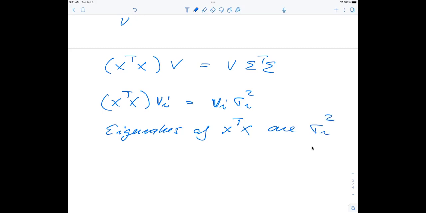In this case, since we are only looking at the non-zero singular values, they are all larger than zero. So we don't need to calculate the eigenvalues of X transpose X to figure out whether they're larger than zero or not. This is an interesting property, because that means that the matrix X transpose times X is positive definite.